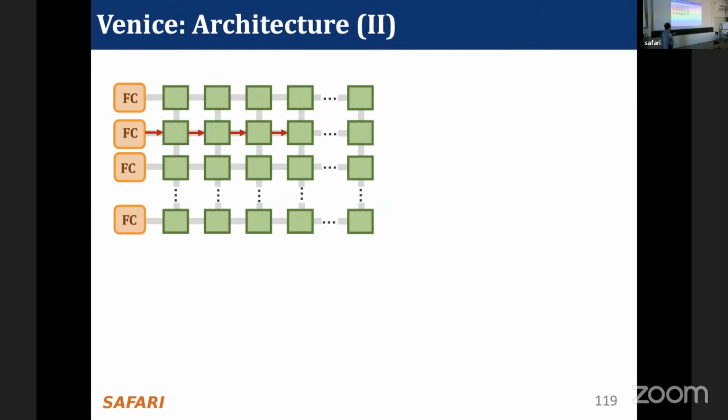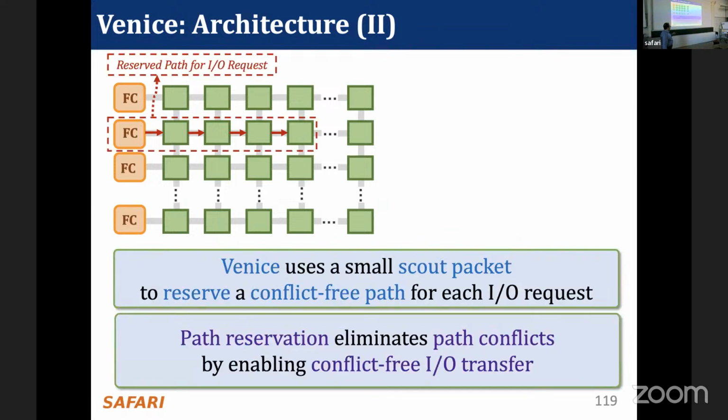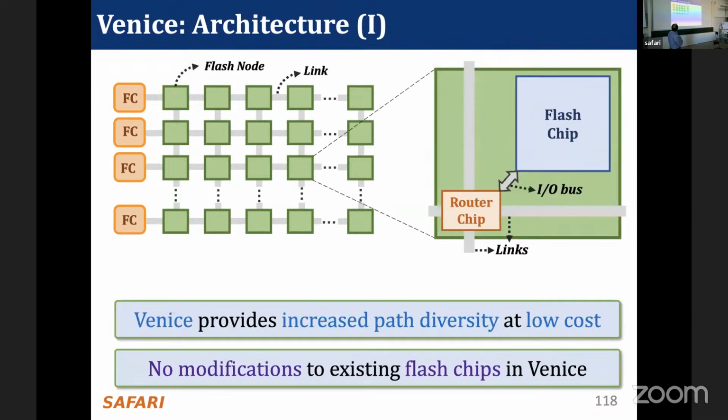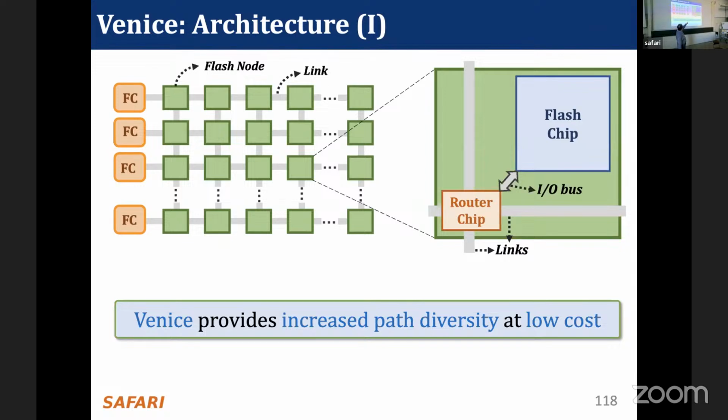But the thing is that the router die is so small, but when we want to package that router die in a chip, remember that in each flash node we have a flash chip and a router chip. In this example, imagine that we connect the router chip to 4 links and also one IO bus, and each of them is 8 bits. So at least from this figure, you can see that the router chip needs to have 40 IO pins.